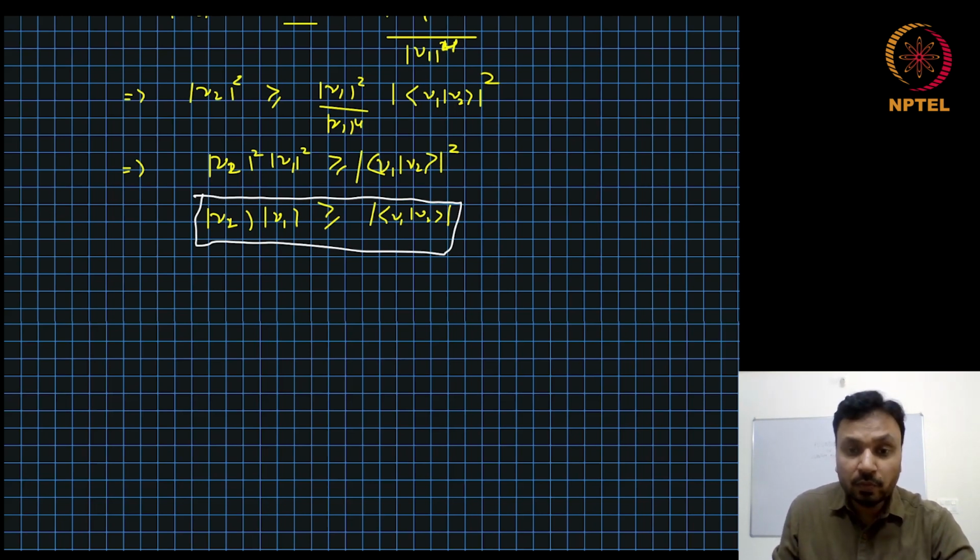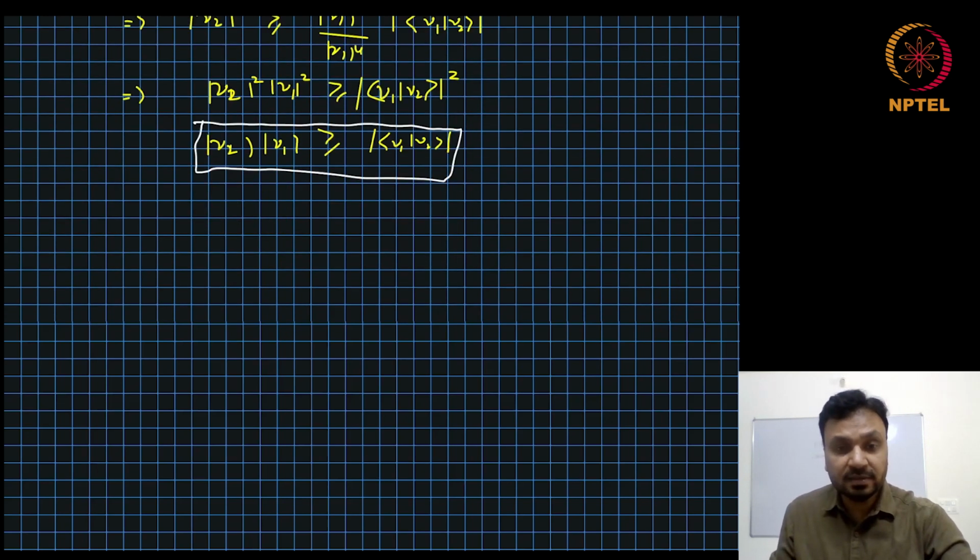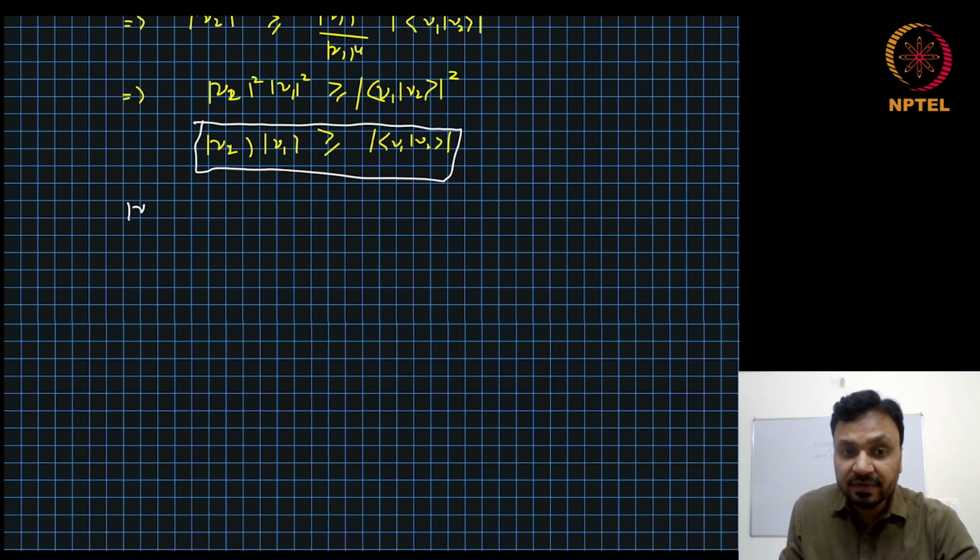Okay, so now we will be using this relation in the following way. Take v3, which, let me remind you, is v1 plus v2.